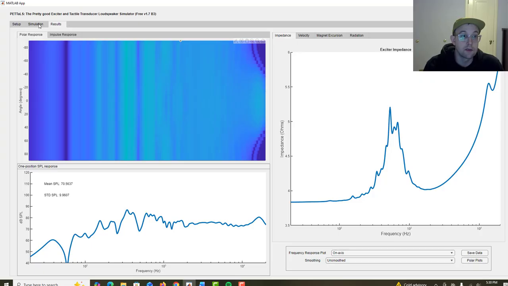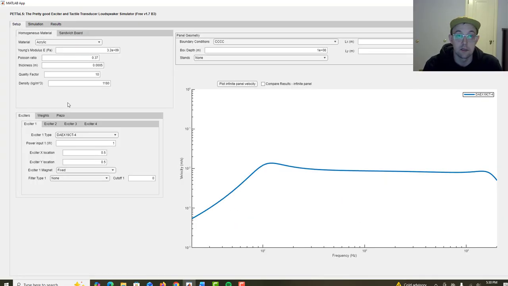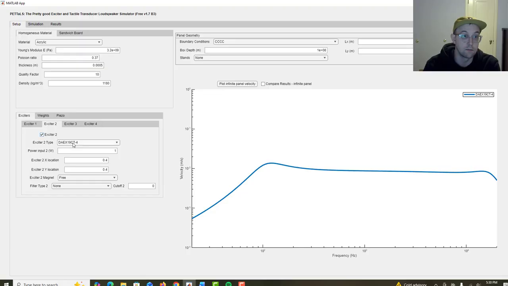So, okay, one more thing to show, that if I plop multiple exciters on the panel, so here I'm going to move these around a little bit. So a few different types of exciters. I'll leave that one there. I'm going to move this one. And let's do one of these.